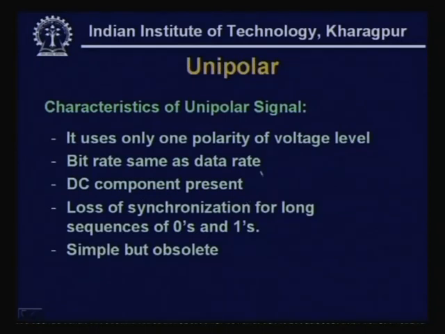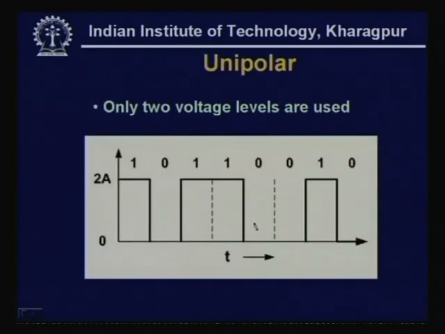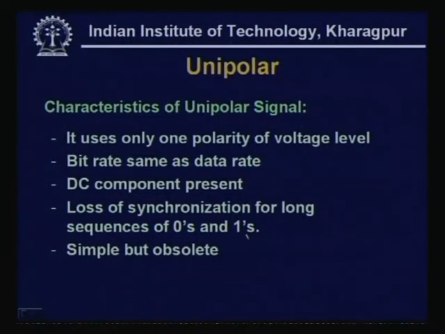And as you can see from this signal, whenever you have long sequences of zeros or long sequences of ones, only one signal level is transmitted or no signal is transmitted. In other words, there will be no transitions, and that will lead to loss of synchronization for long sequences of zeros and ones. So, this unipolar scheme is possibly the simplest, but it is obsolete.